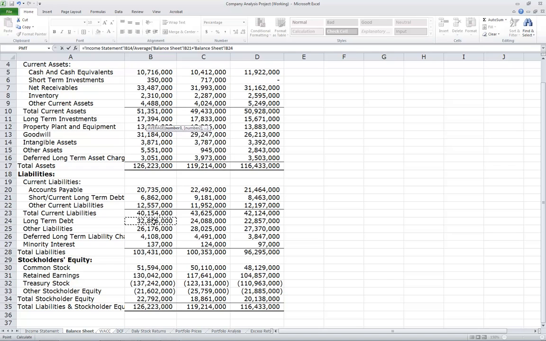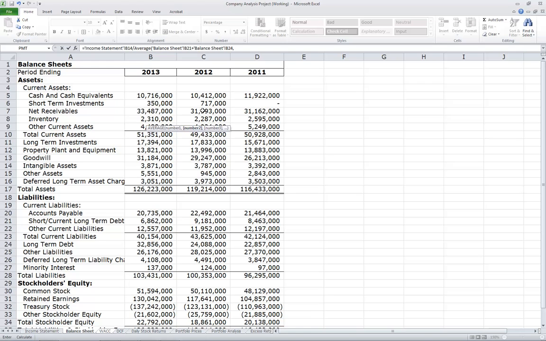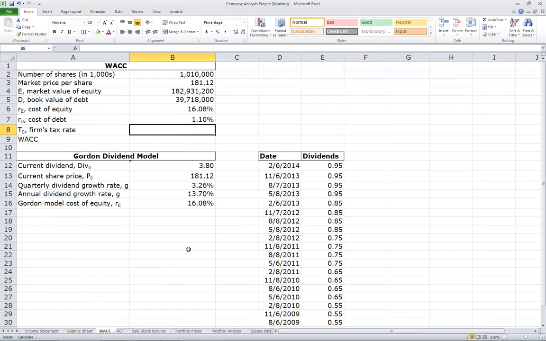And what did you begin 2013 with? Well, the beginning of 2013 is the same as the end of 2012. So we're going to average the total debt from 2013 and the total debt from 2012. So IBM pays 1.1% interest on its debt.